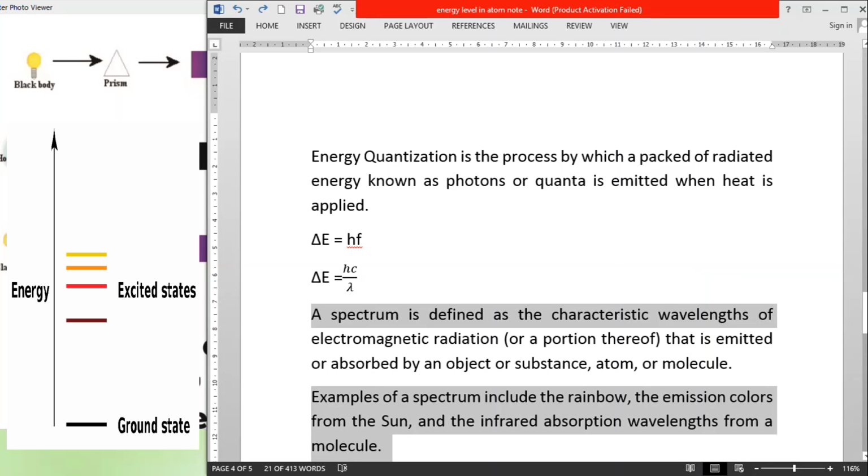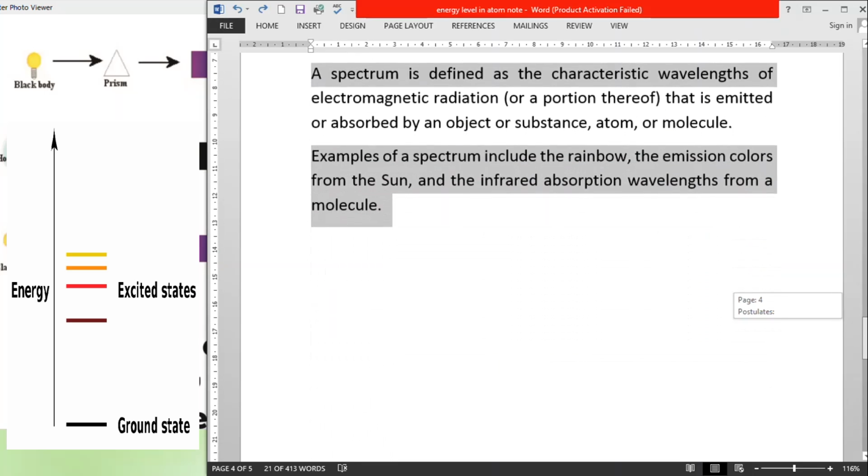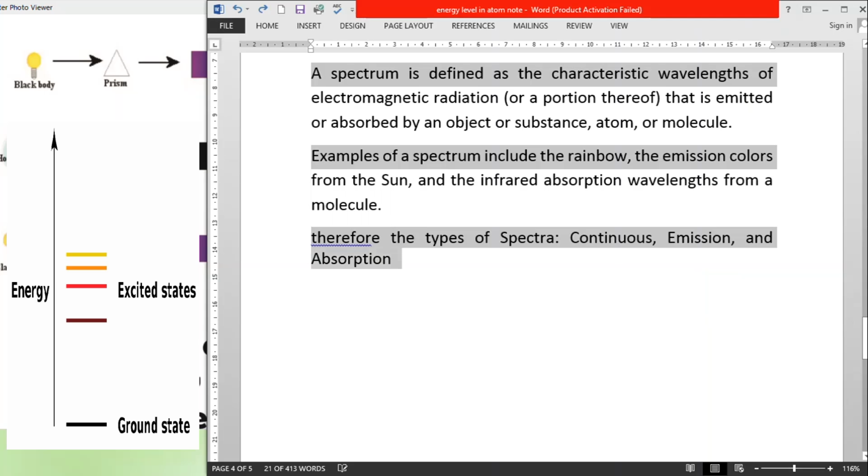So examples of spectrum include the rainbow, the emission colors from the sun, and the infrared absorption wavelength from molecules. We have these as the various examples which illustrate the different spectra. The rainbow gives continuous spectra.